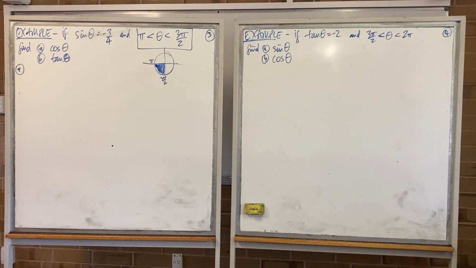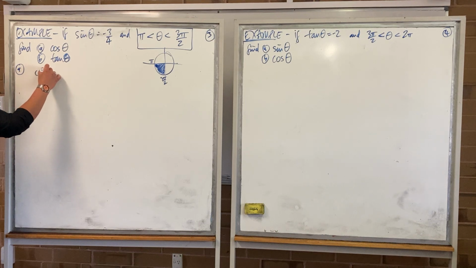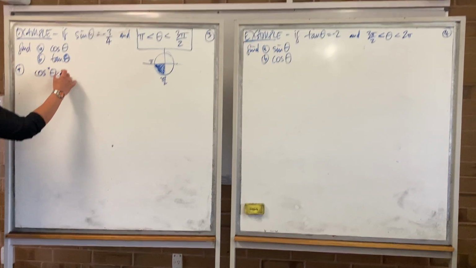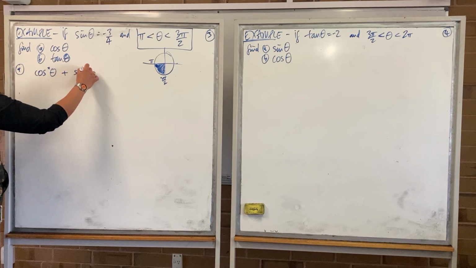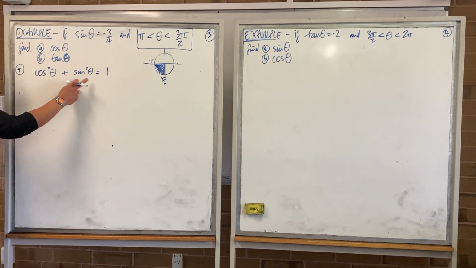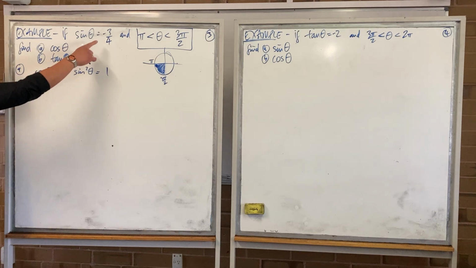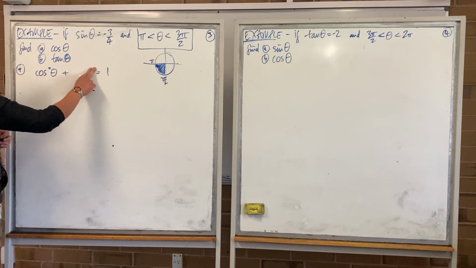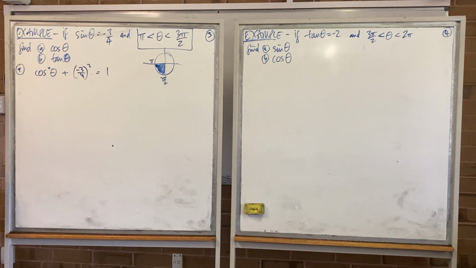Cos squared theta plus sine squared theta equals 1. Now, what do we know sine theta is? It's -3 on 4. So we're going to write -3 on 4 squared.